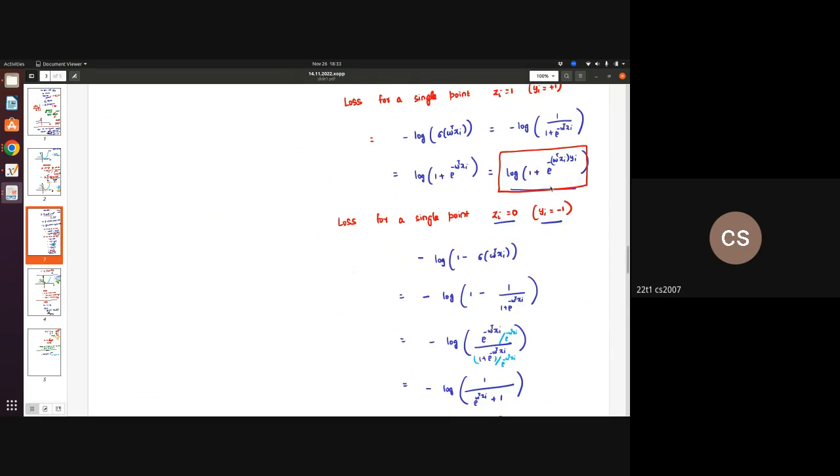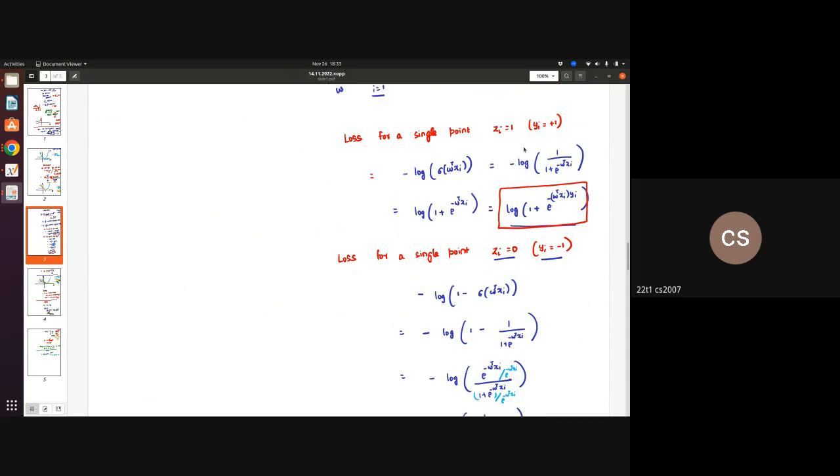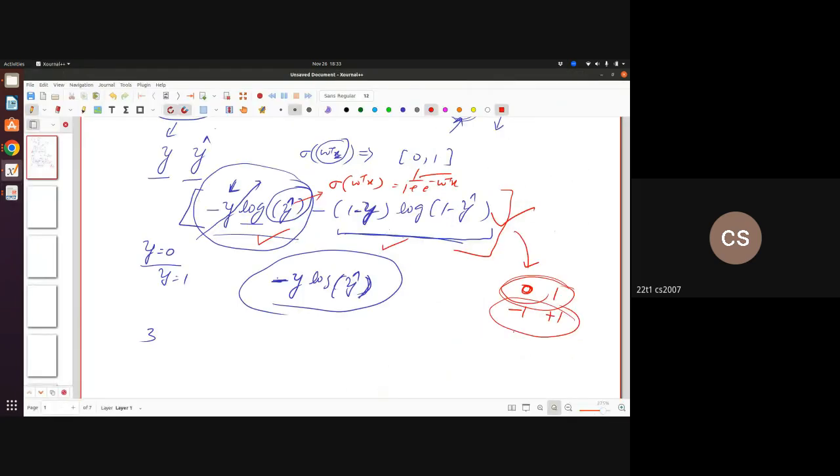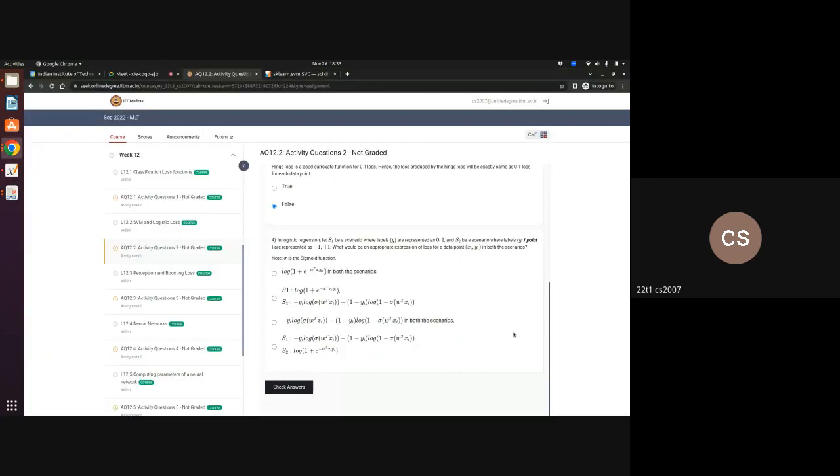So when the classes are represented as -1 and +1, you use this representation, and when the classes are represented as 0 and 1, you use this representation. That's all we are saying here. So these are 2 different representations of logistic loss.